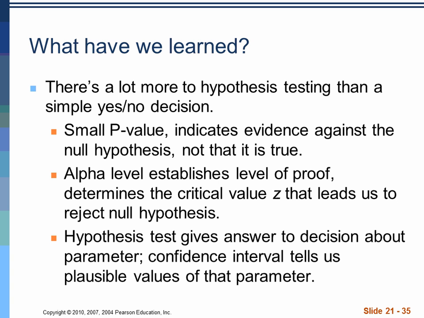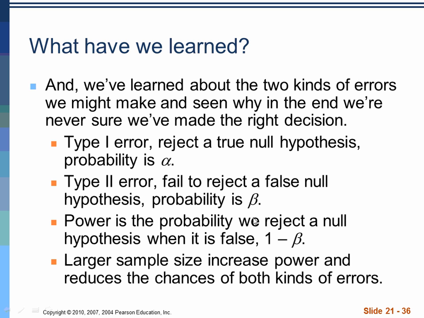A confidence interval tells us plausible values of that parameter. And we've learned about the two kinds of errors we might make and see why, in the end, we're never sure we've made the right decision.